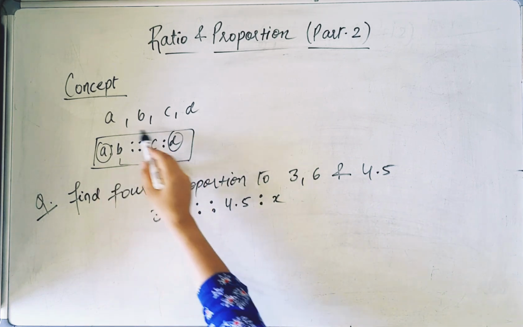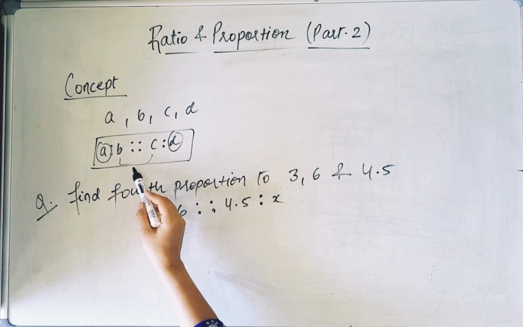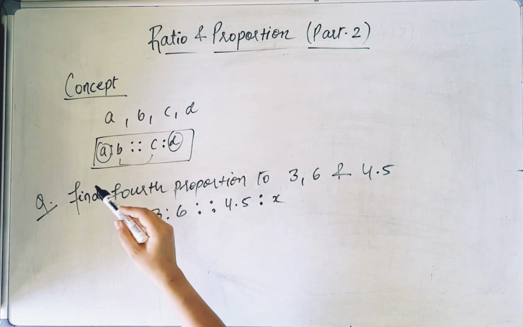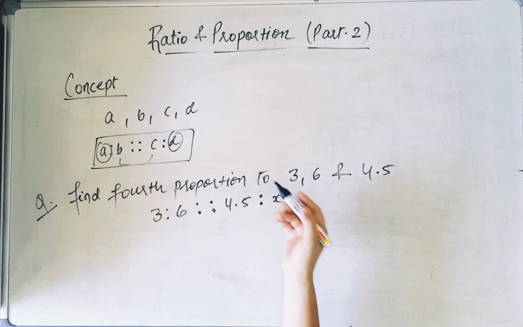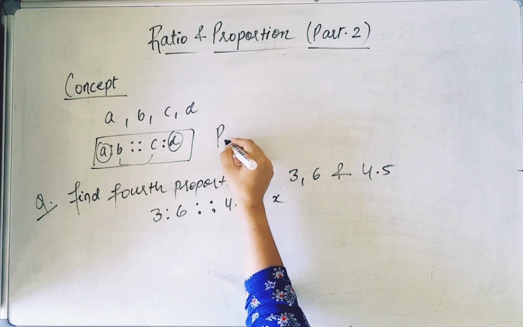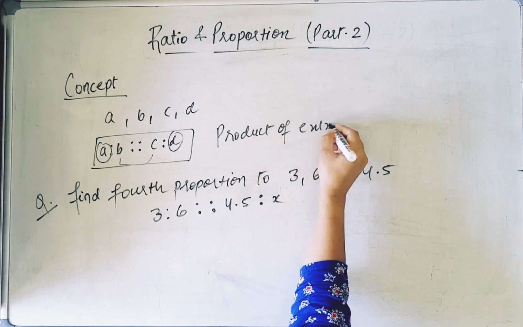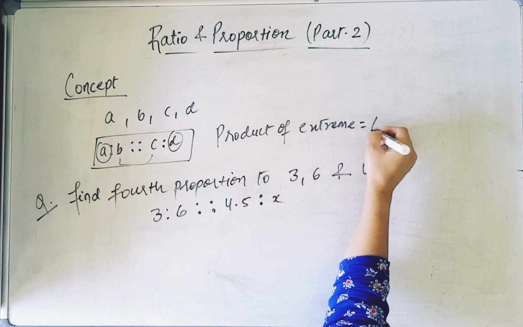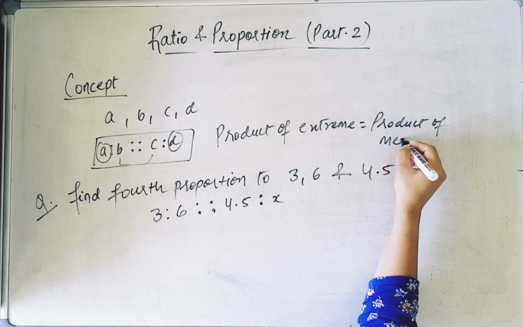Now we'll apply the same formula. If we are provided with three proportions and the fourth is being asked, what concept do we apply? The concept is product of extremes equals product of means.